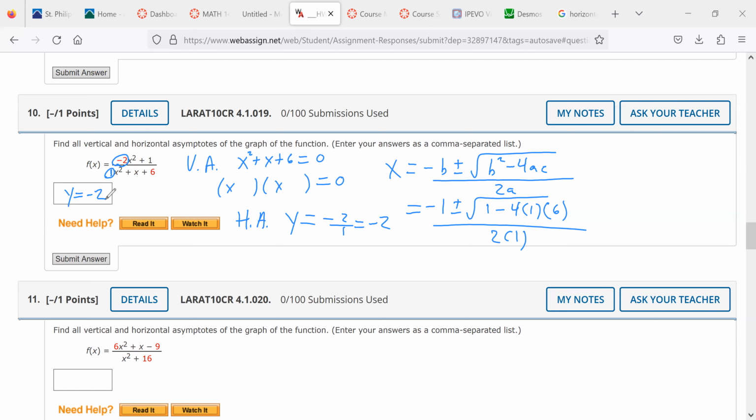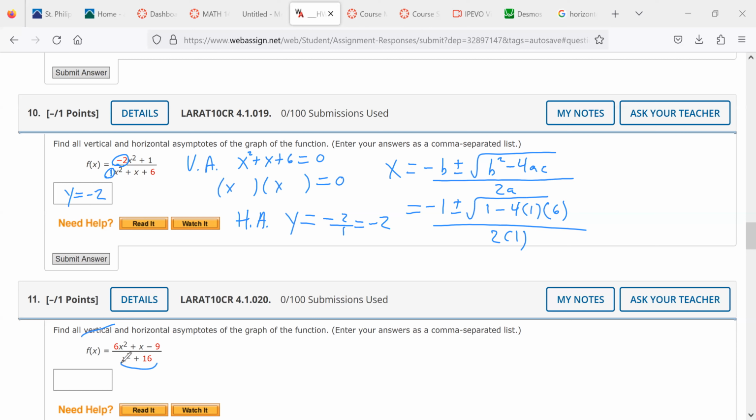Do you see the issue with 11? Same problem, right? There is no sum of squares, so this has no vertical.